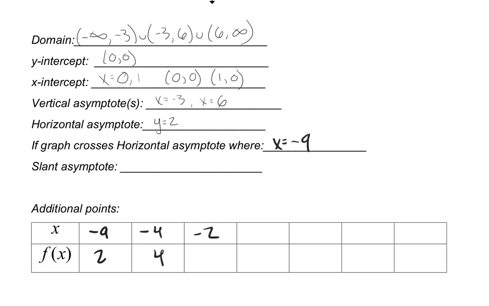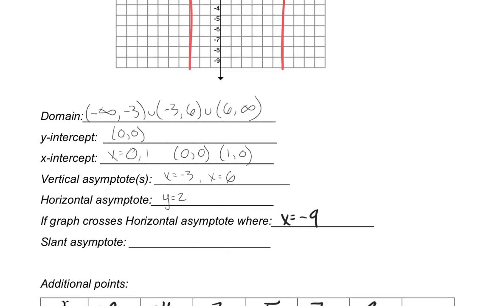At negative 2, I have negative 1.5. At negative 5, I have 5. At 7, I have 8.4, and at 9 I have 4.